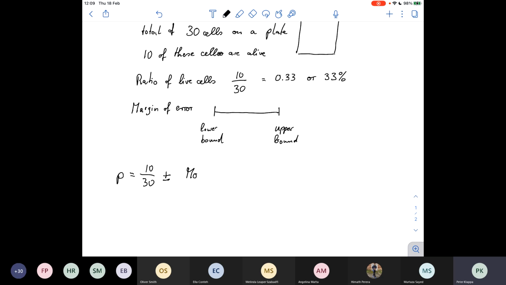I abbreviate margin of error with MOE. And this margin of error is related to this figure here.